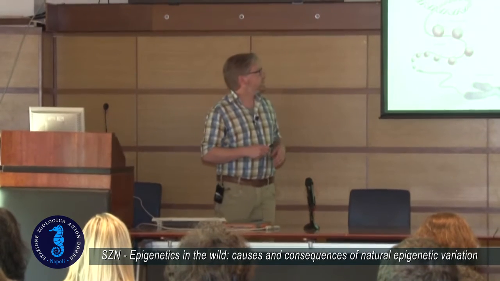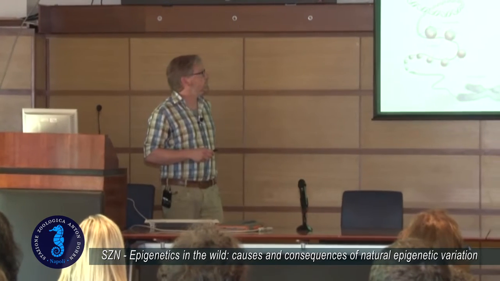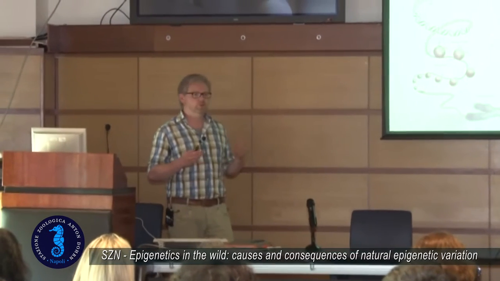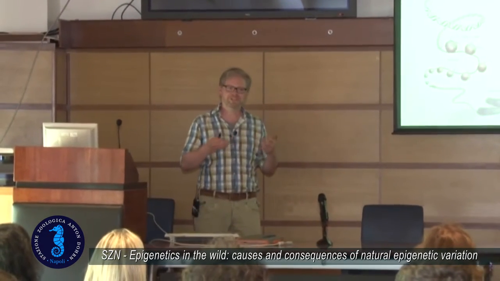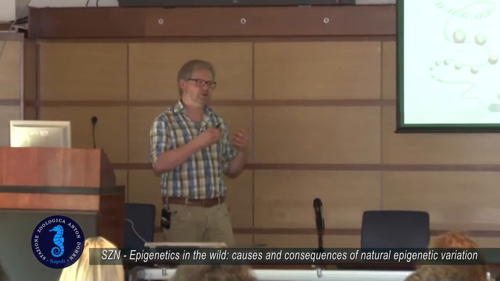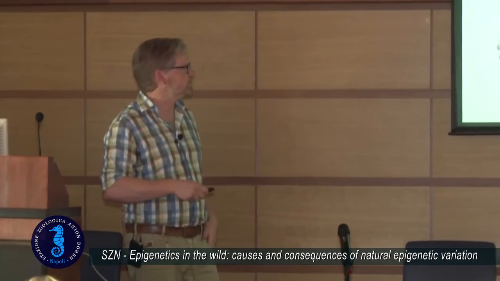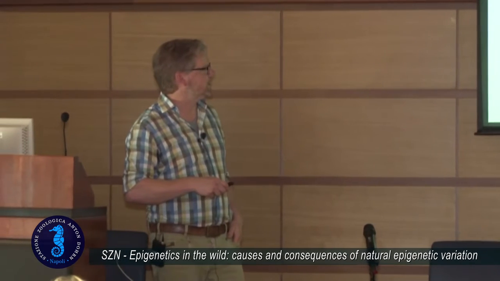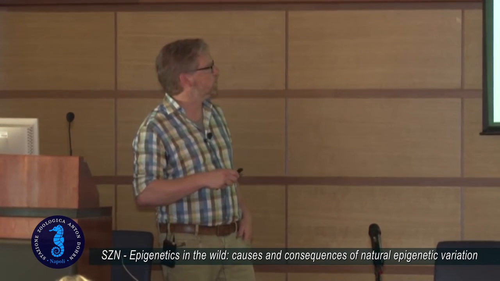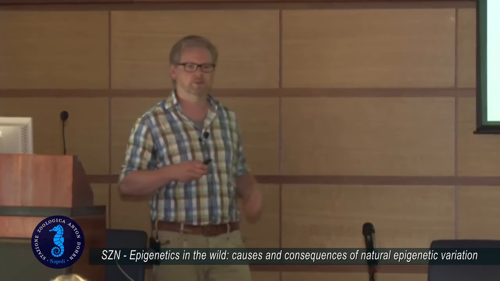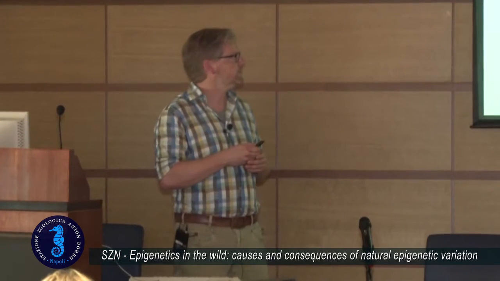So, DNA methylation. You look at the chromosome, and we all know the information is encoded in the DNA sequence, but how the DNA sequence is made available to enzymes is determined by histone modifications and also DNA methylation variants.